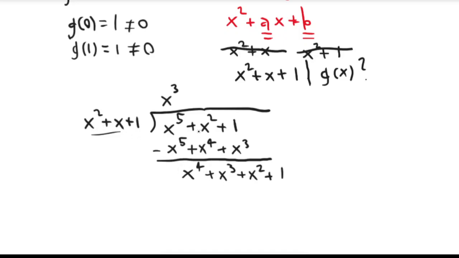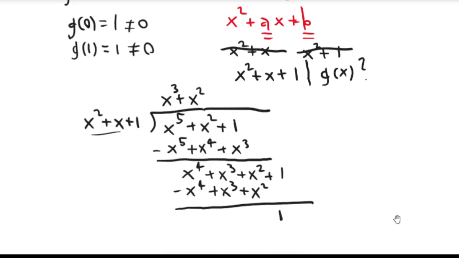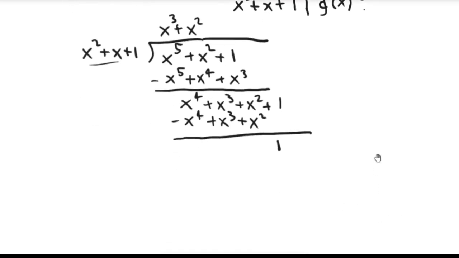X squared times x squared equals x to the fourth, so I get x squared here. Here I have x to the fourth plus x cubed plus x squared. And now if I subtract these, I just get 1. And 1 is a remainder that isn't divisible by x squared plus x plus 1.